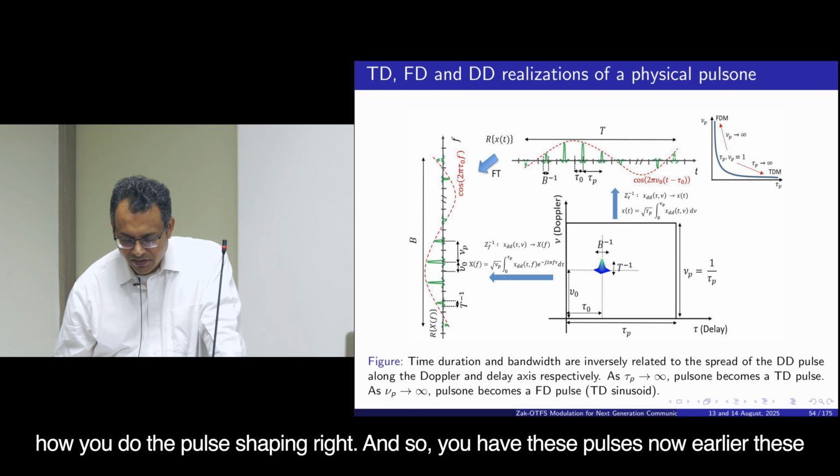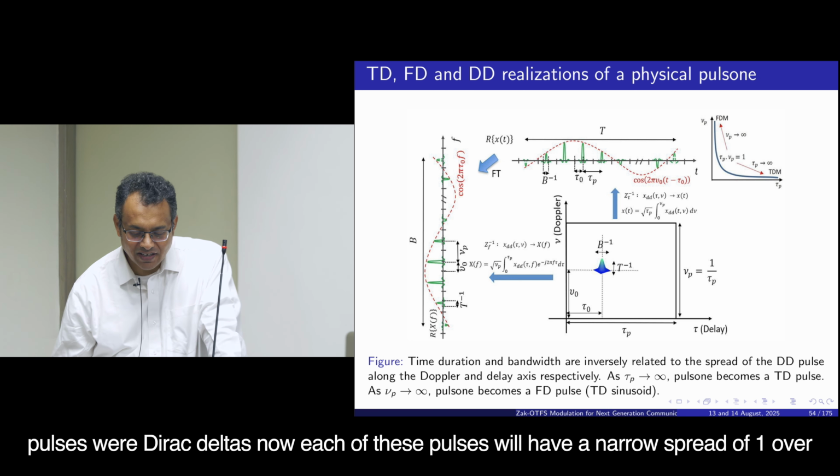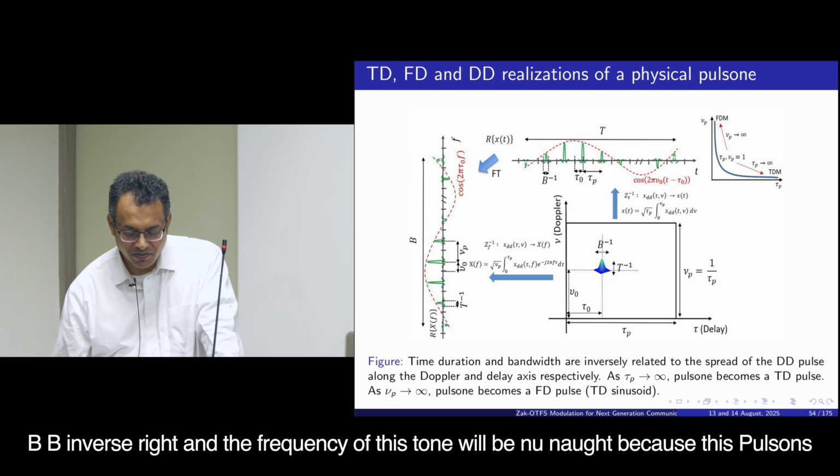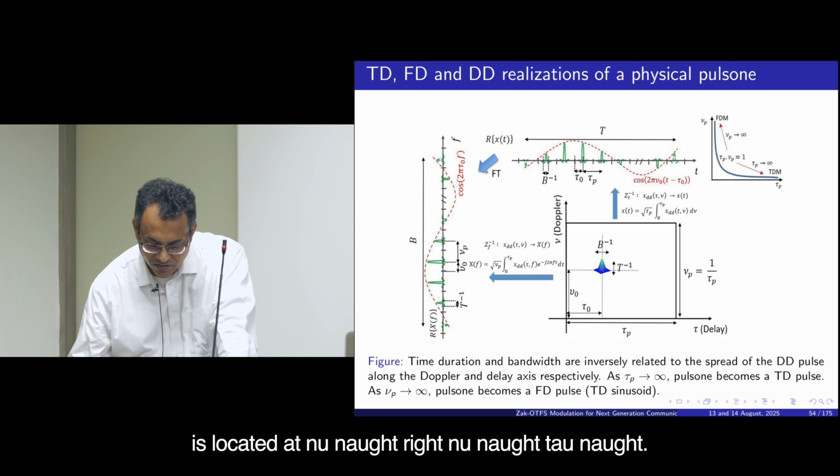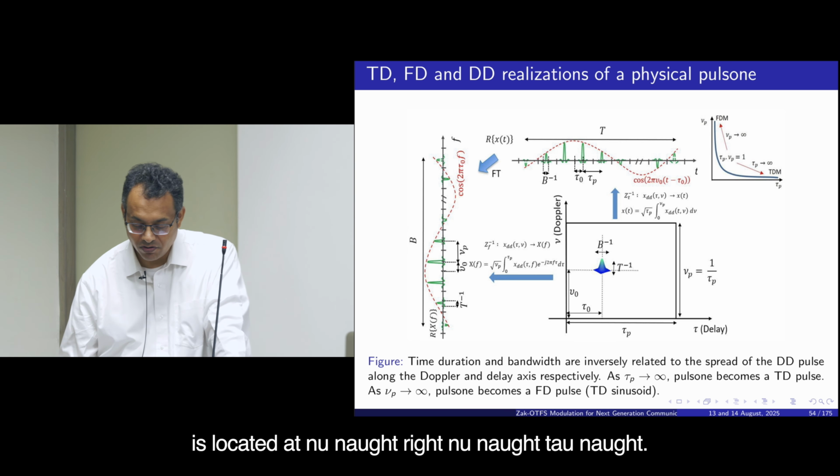And so you have these pulses now. Earlier these pulses were Dirac deltas. Now each of these pulses will have a narrow spread of 1 over B, right. And the frequency of this tone will be nu naught, because this pulse-on is located at nu naught, tau naught.